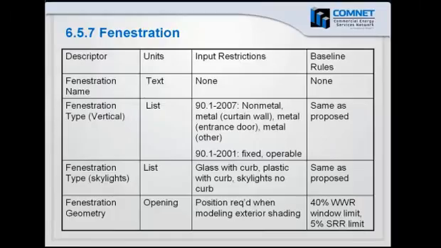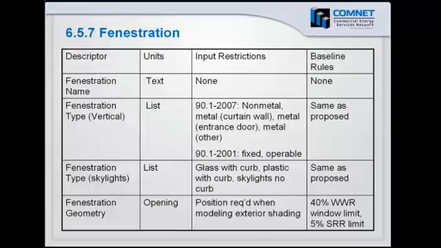For fenestration, this is where it gets a bit more complicated. So this covers both vertical fenestration as well as skylights. For fenestration, we have the fenestration name, which is just the descriptor, and then we have the type.